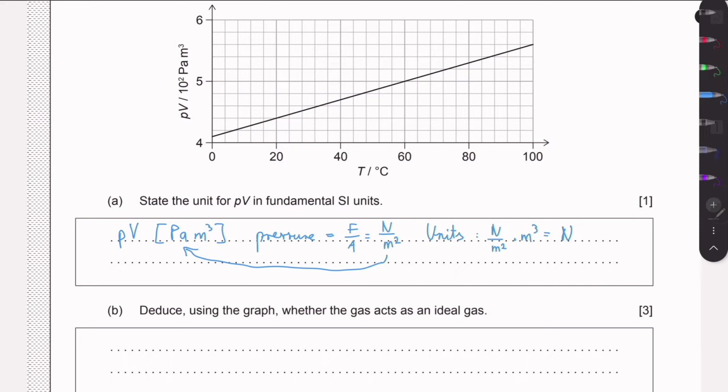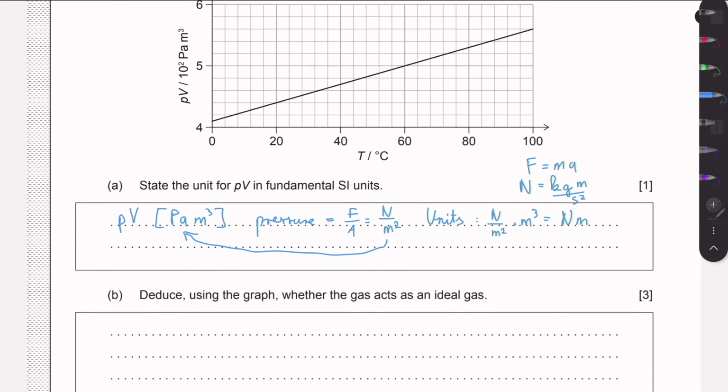This will be newton times meter, but a newton we can still simplify, as that is not an SI unit yet. But we know that F equals ma, so a newton will just be kilogram times meter per second squared, as kilogram is for m and meters per second squared is for acceleration.